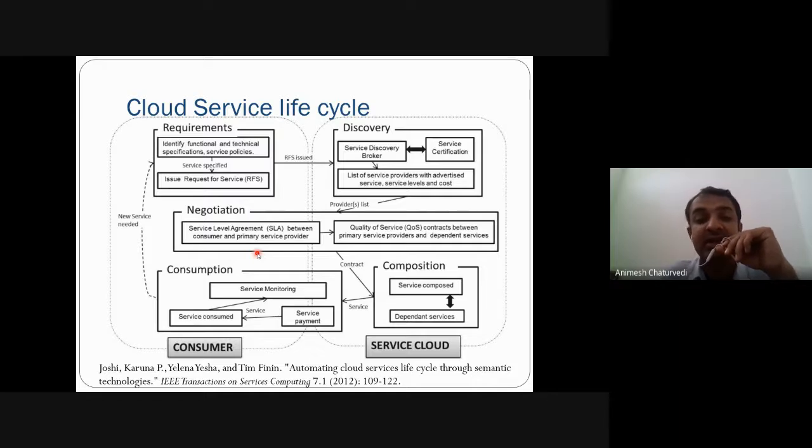Then consumption of the service is done by the consumer. So the service monitoring would be done, service payment would be done, and the service consumed by the client. So there are two parts, from the perspective of the consumer and from the perspective of the service provider. These are two different perspectives.